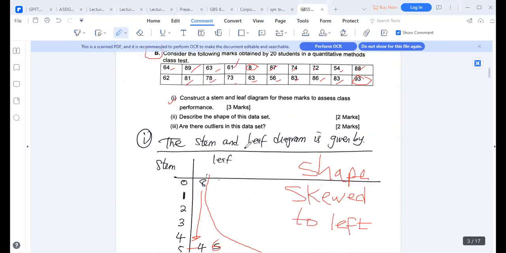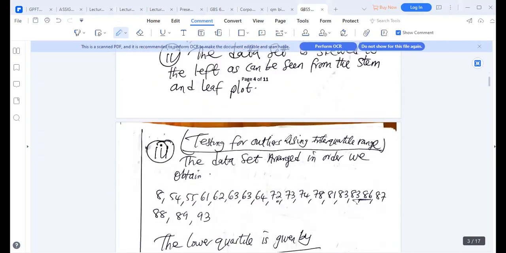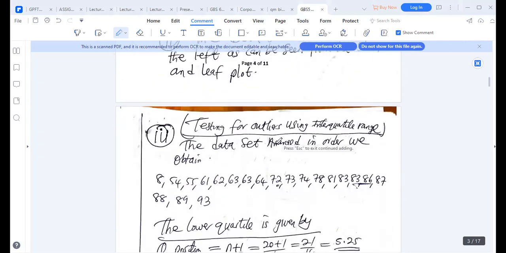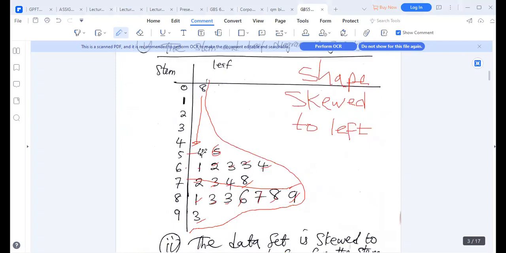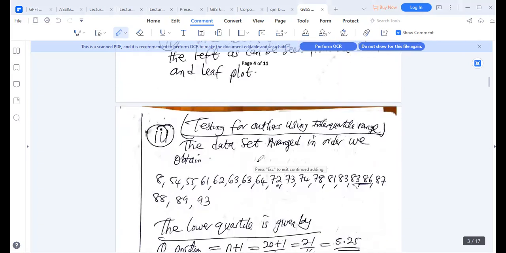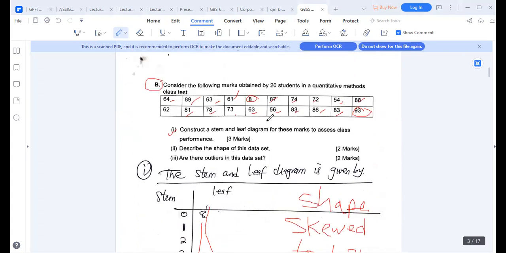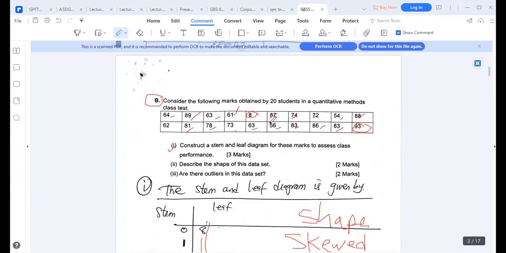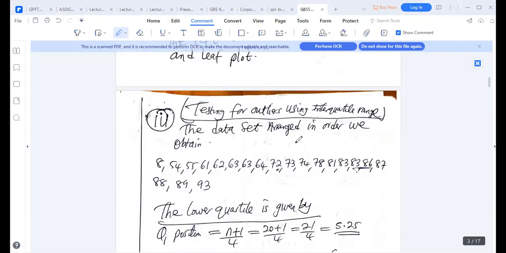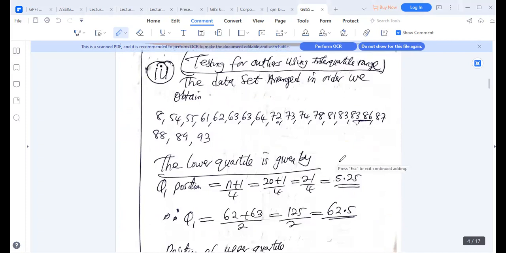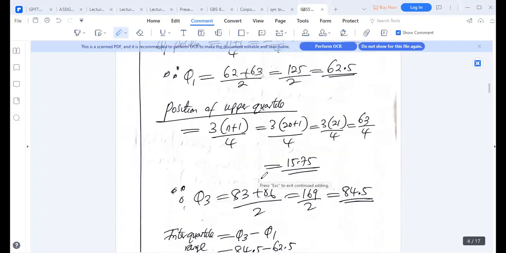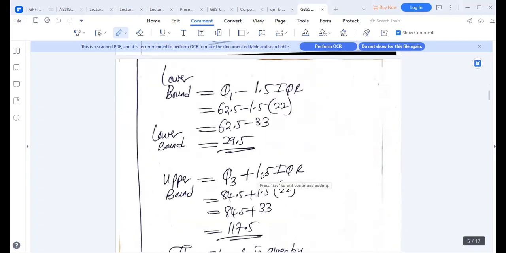Now, testing for outliers. In this case, we have to arrange the data in order. So it's 08, then getting down to 54, 56. For testing for outliers, we have the position of the median, and we use the lower limit.